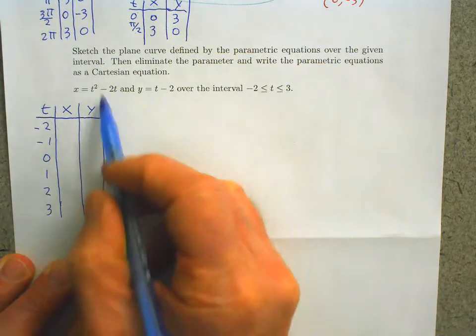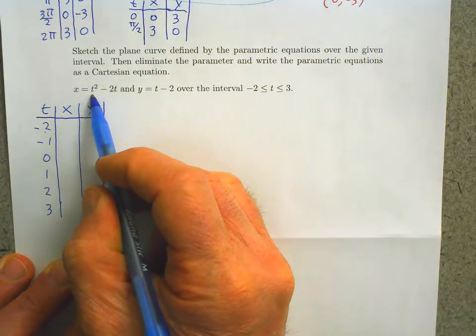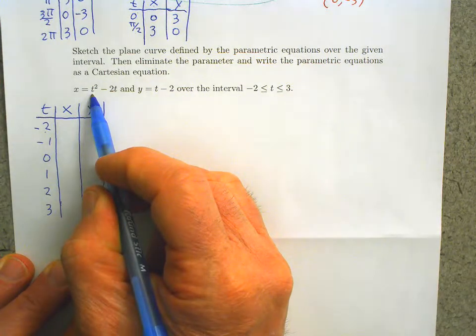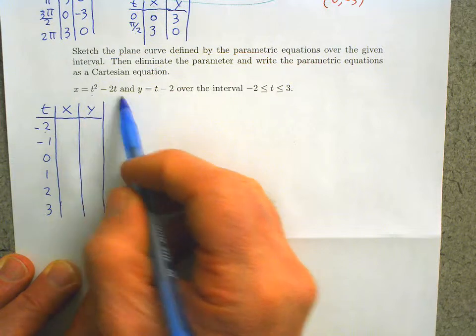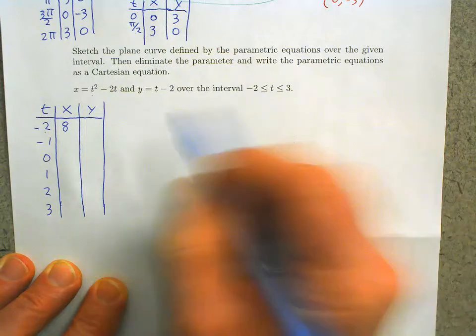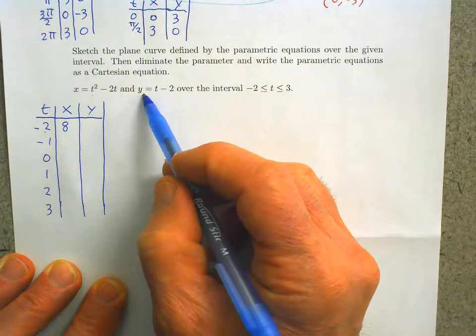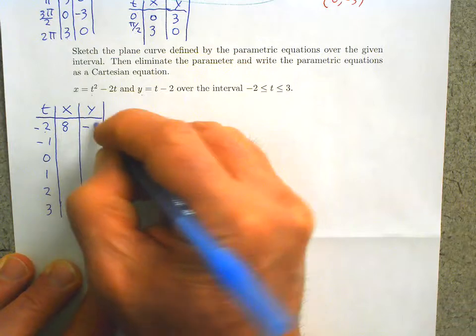Okay, so the x-coordinate, when t equals negative 2, negative 2 squared is positive 4, minus 2 times negative 2, so 4 plus 4 is 8. And the y-coordinate, -2 minus 2, is -4.